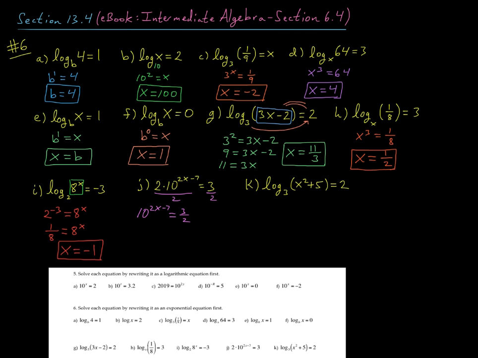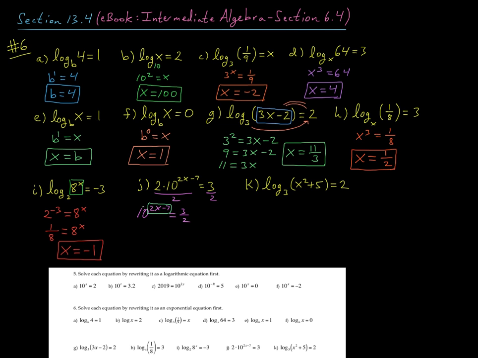Now the thing to really clarify here is that this entire expression 2x minus 7 is the exponent for the 10. And now I want to undo this exponentiation. So I want to convert this exponential statement to a logarithm statement.